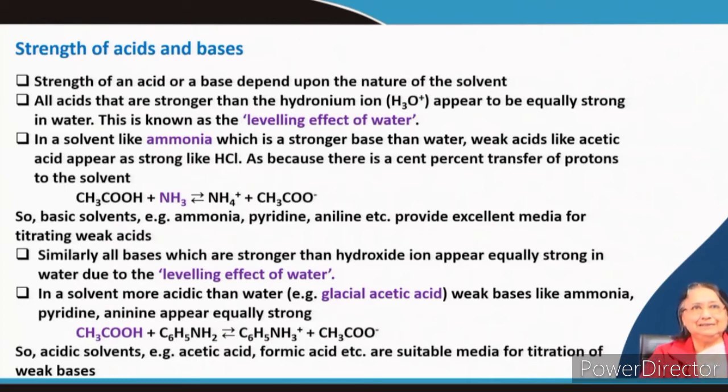But here just remember that acidic solvents like acetic acid, formic acid etc., could be used as a suitable medium for titrating weak bases, because titration of a weak base or weak acid is difficult. That is why you can make a weak base strong, or a weak acid strong, if you properly select the solvent.